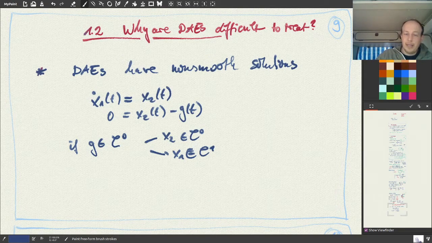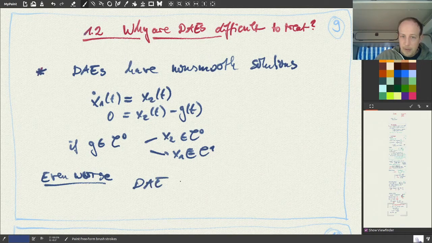Now you may say, well, there is a smooth solution, but x2 is not smooth. It's only continuous but not differentiable. And even worse, that's really a problem, and we will have examples for that.